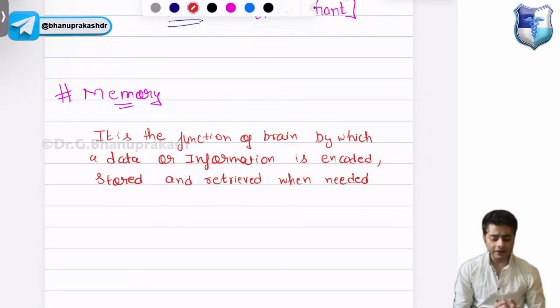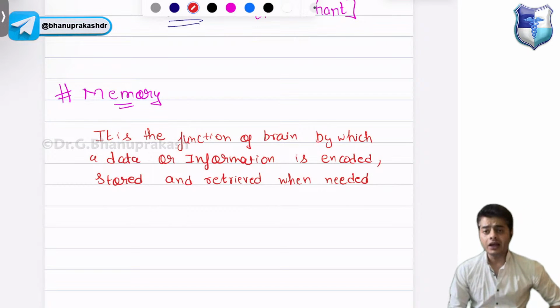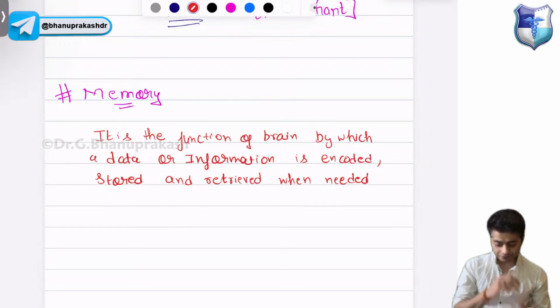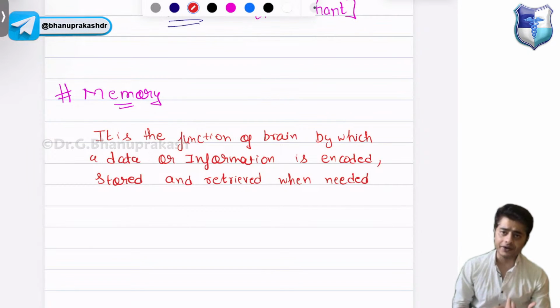So it is the function of the brain by which data or information is encoded, stored, and retrieved when needed.